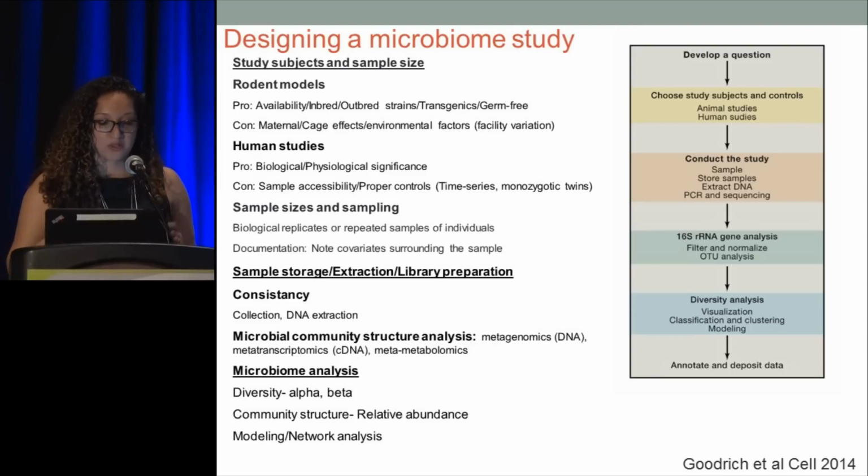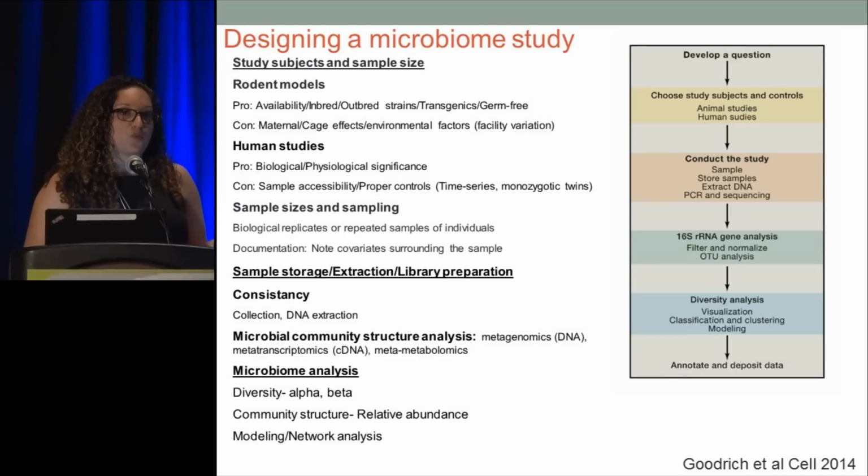So next, now I'm going to just discuss how to design a microbiome study and what to take into consideration if one were to try to understand the effects of low-caloric sweeteners on the microbiome.